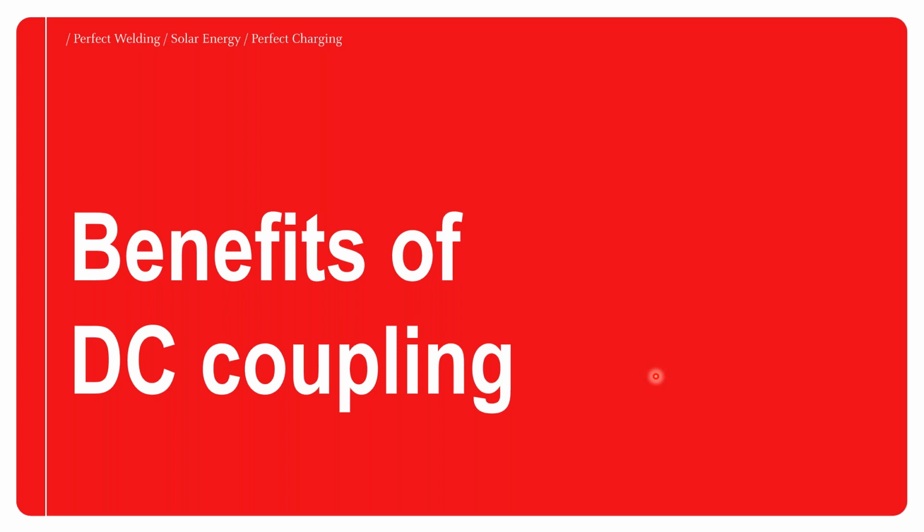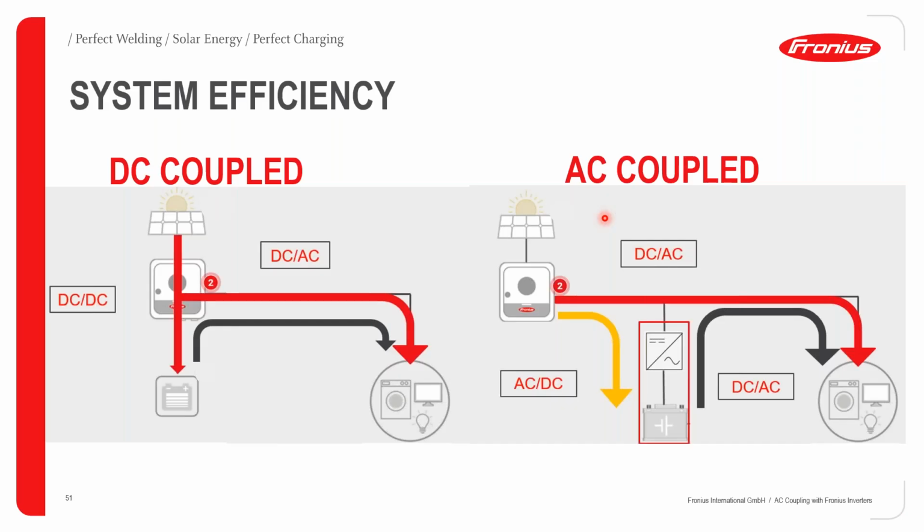So one would now ask, what would be the benefits of DC coupling? I'm sure we've already seen that from the slides presented by David. We'll just put this in perspective using the Fronius only system. For these benefits, we can better understand it by having both systems juxtaposed.